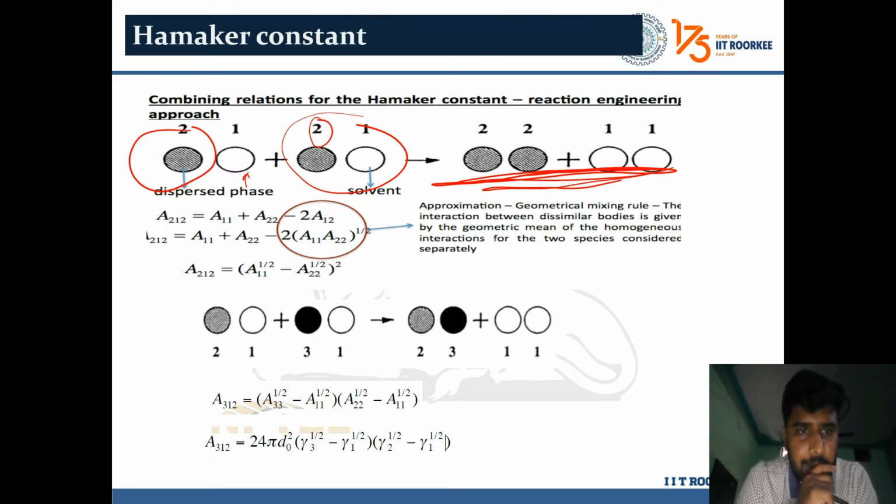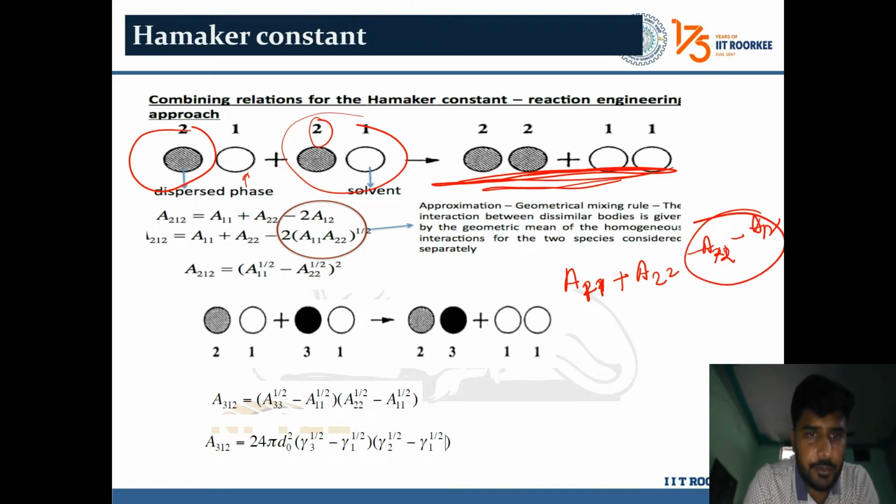So the resultant Hamaker constant you can get as A11 plus the product minus the reactant, minus A21 or A12. These will be minus 2A12, and this A212 will be A11.